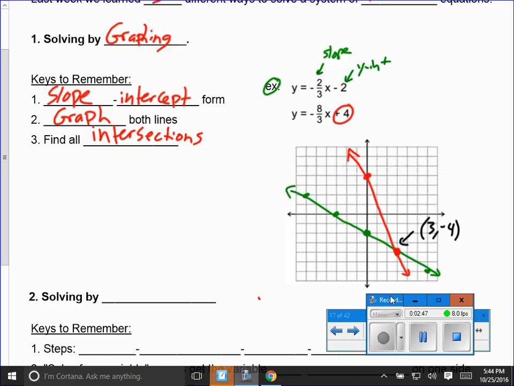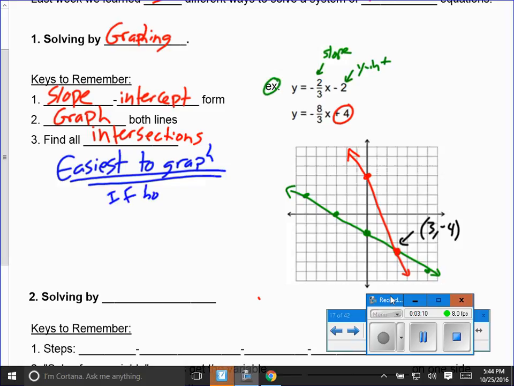Alright, so as we review each of these different ways, we're going to talk about when each one's going to be easier. So when it'll be easiest to graph. Easiest to graph and solve versus using elimination or substitution is if both equations that make up the system start in slope-intercept form.